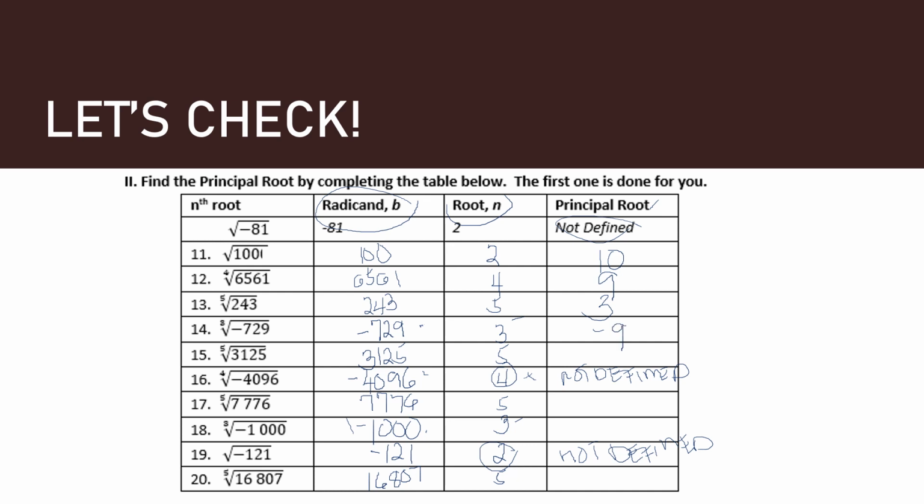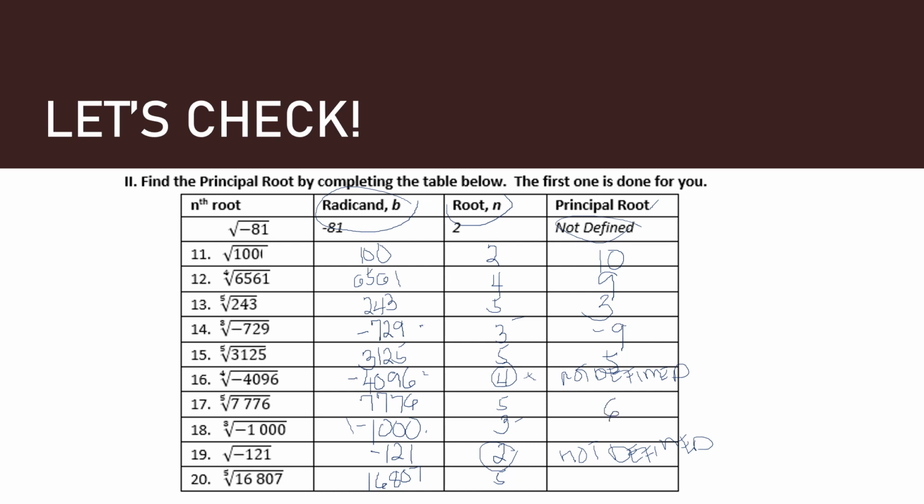Next, 3,125, its fifth root. So the answer here is 5. Next, the fifth root of 7,776, and that is positive 6.